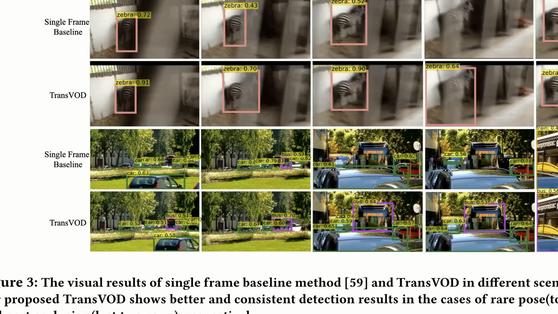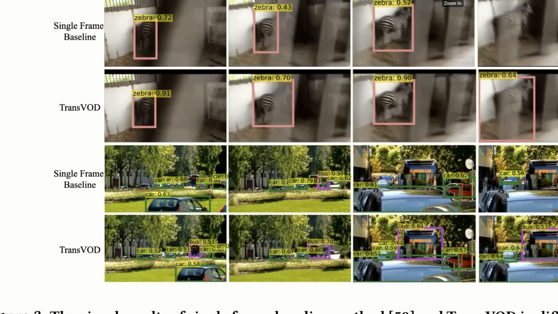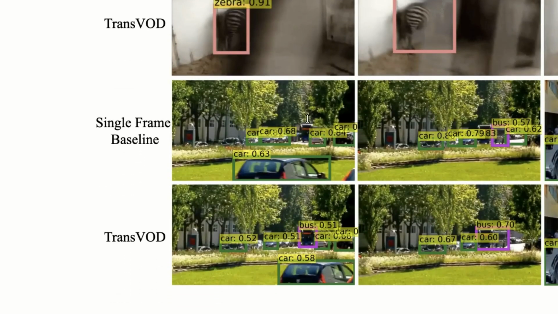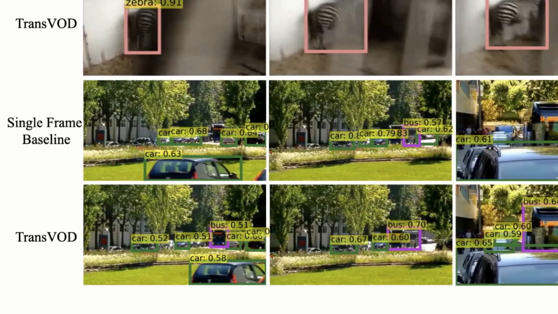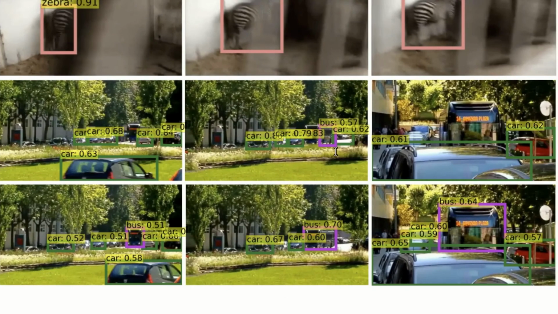The last example shows more benefits in cases of occlusion. So we have here in the rear this bus, which is not detected, but for the TransVOD, it kind of has a result for that. In the second frame, it detects here a bus, but the bounding box is at a wrong position, while in the TransVOD it's working.